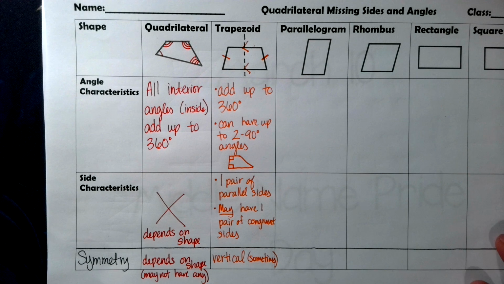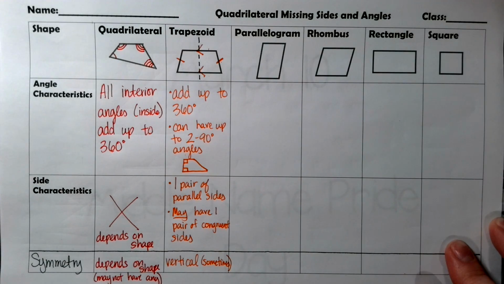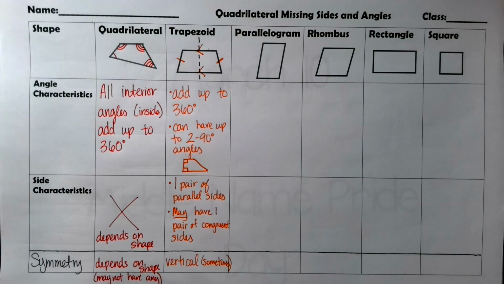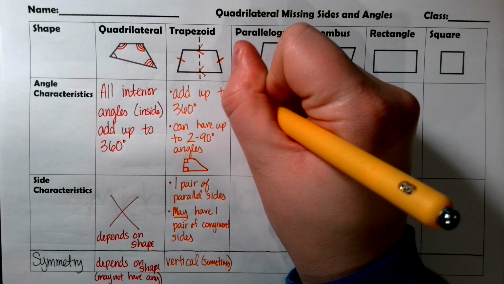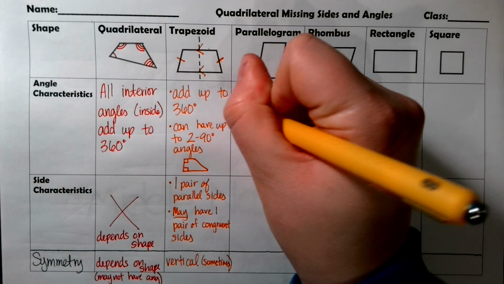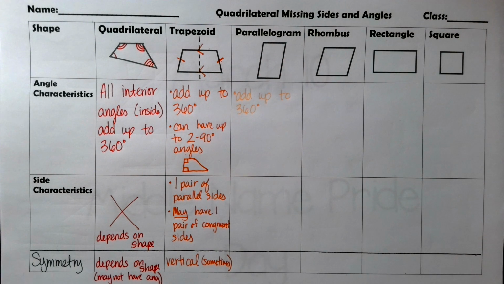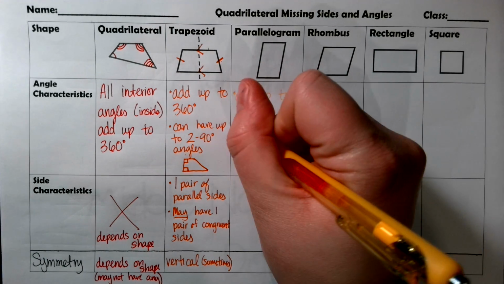Our next shape is a parallelogram. Like we talked about earlier, all these shapes add up to 360 degrees. All parallelograms add up to 360 degrees.